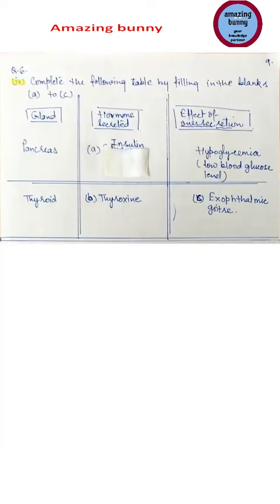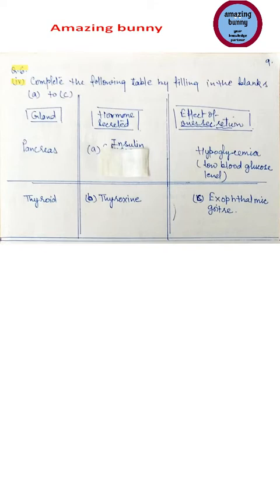Now the fourth part of question number 6. Complete the following table by filling in the blanks A to C. Now first, gland, pancreas is given, and we have to write the hormone secreted. It is given that hypoglycemia, that is a low blood glucose level, is the effect of over secretion of this particular hormone.